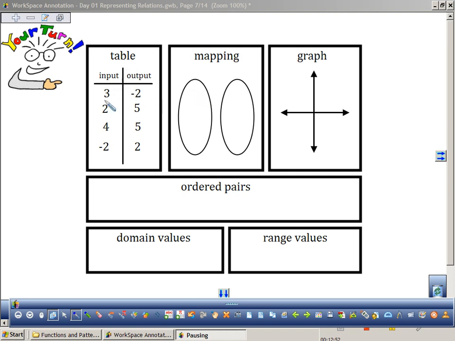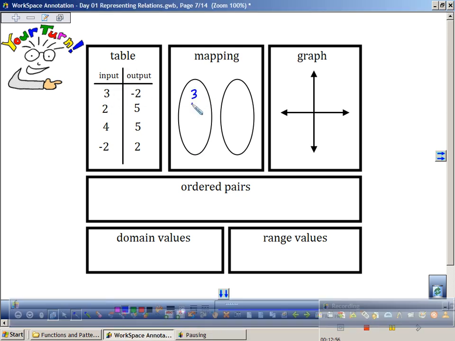Okay, so if I were to put this in a mapping, it would be 3, 2, let's put them in order this time. Be a little more organized. It should be 2, 3, 4, and -2. And what are these ones? Do -2 first? Sure. -2.